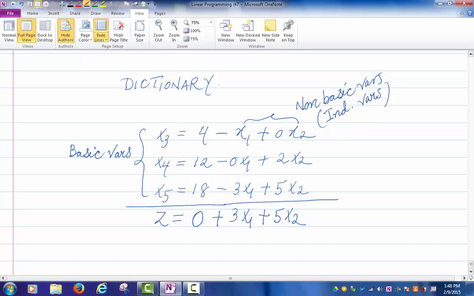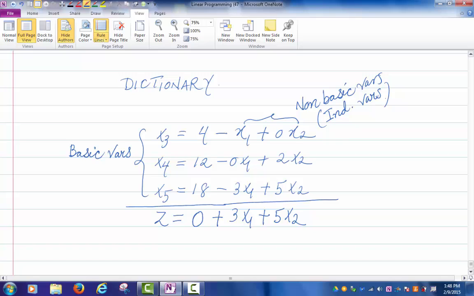But my point is, think of a dictionary as a data structure. If you want to write a computer program, you have to store information, and you need a data structure to do that. This is also a convenient way for us to represent solutions. Each dictionary is associated with a vertex solution.